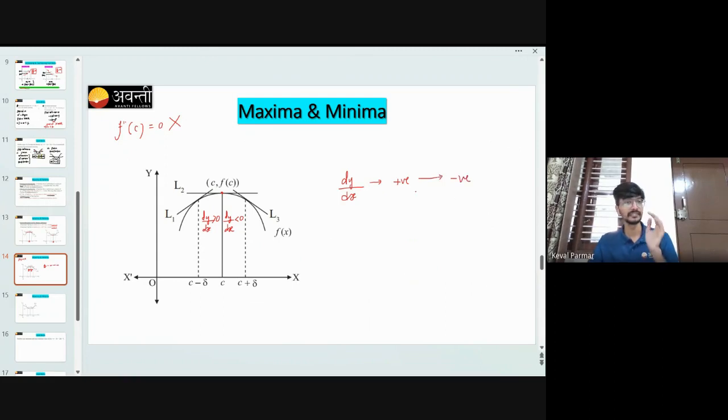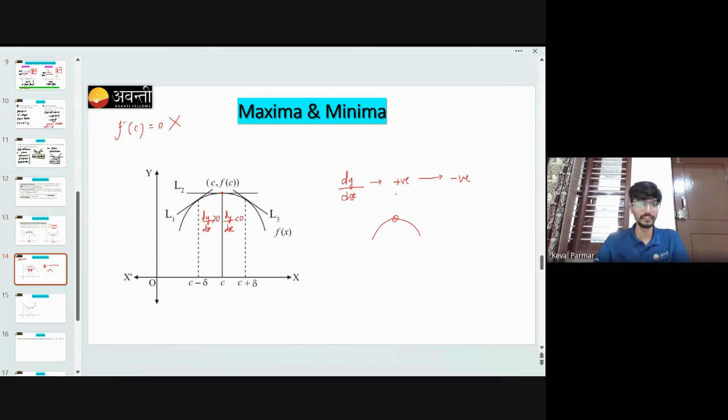And if such cases happen, we should always remember this diagram. Positive means slope positive, negative means slope negative. And if dy by dx changes its sign from positive to negative, that means this is a point of maxima.